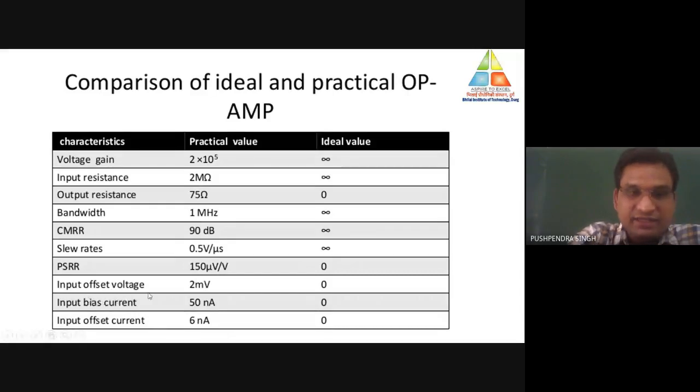Input bias current: in the ideal condition 0, but in the practical condition 50 nanoamperes. And input offset current: maximum 6 nanoamperes in the practical condition, and in the ideal condition its value should be 0. So these are the different characteristics, or we can say parameters, of the operational amplifier with practical and ideal values.